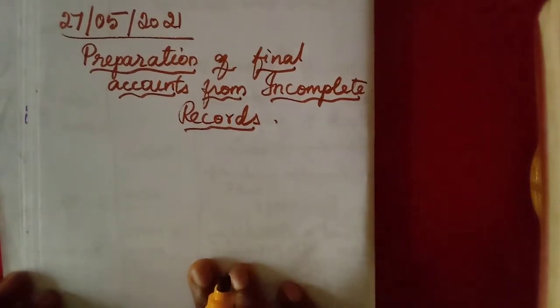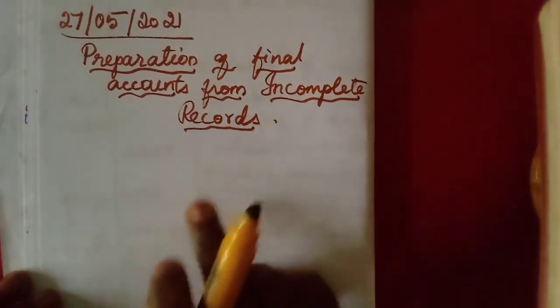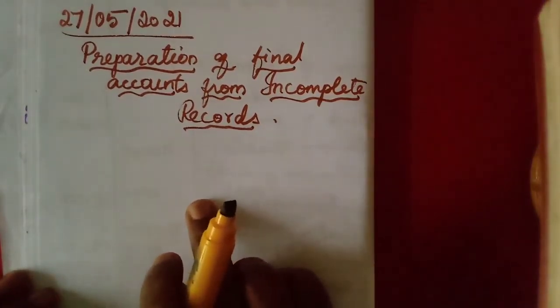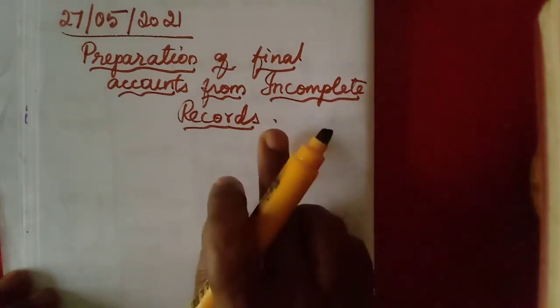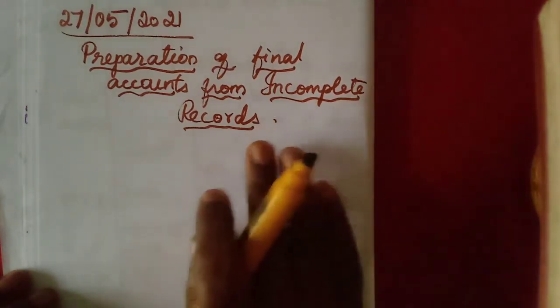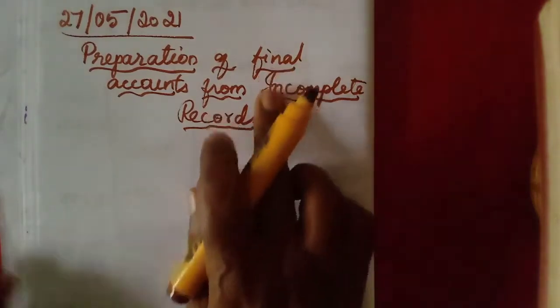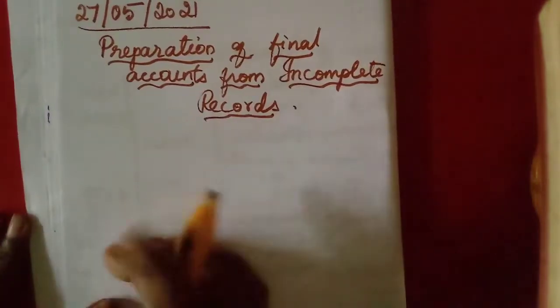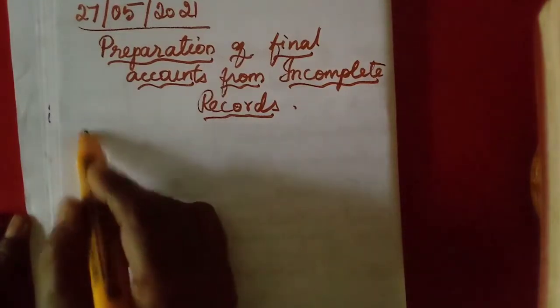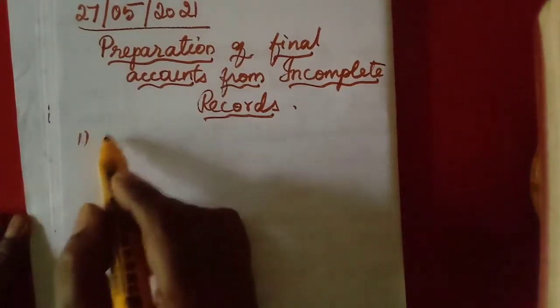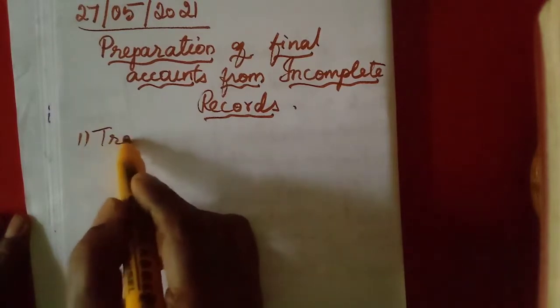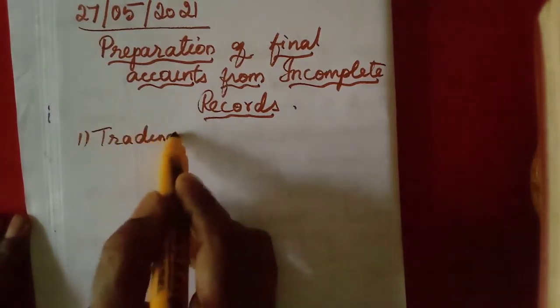Okay. So preparation of final accounts from the incomplete records. So incomplete records means we do not have all the proper records to prepare the final accounts, isn't it? We need that we know first what are the final accounts. Final accounts, the first one is trading and profit and loss account, isn't it?